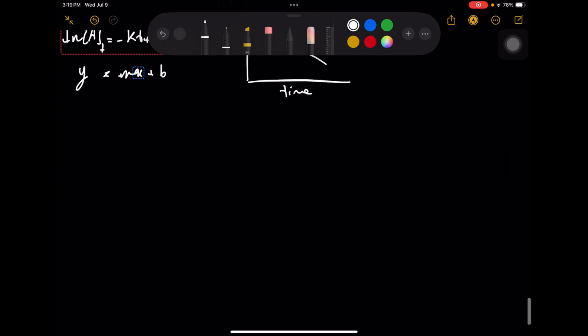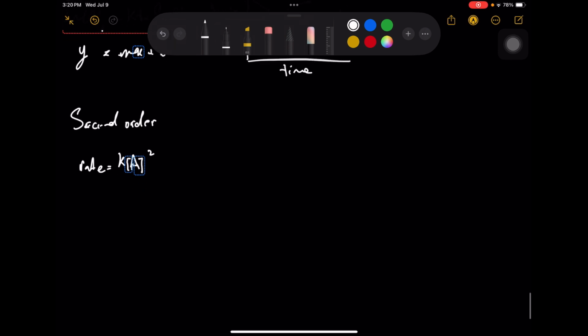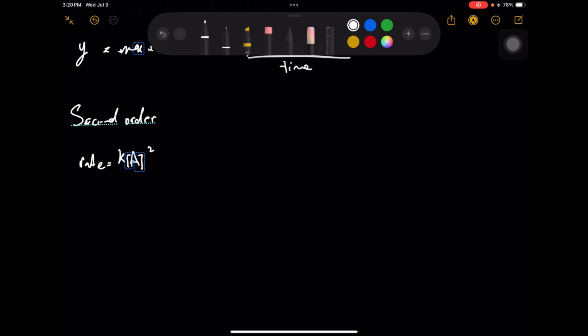For the second order, there's something special about it. The rate of second order is k times the concentration of a to the power of 2. If we want to derive that formula, I can, but I don't want to waste your time.